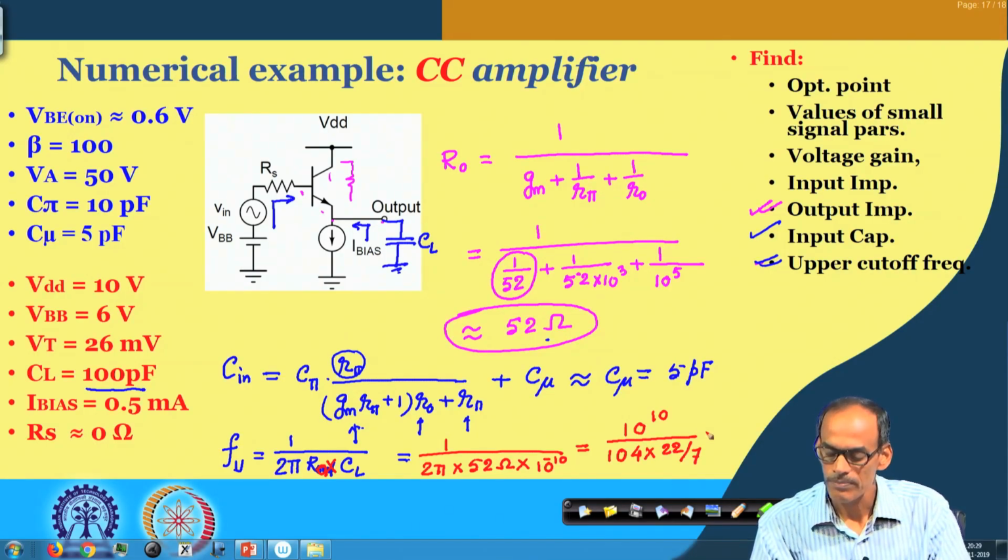Roughly, if I say this part is 3 and this is almost 100, then that is 10 to the power 8.